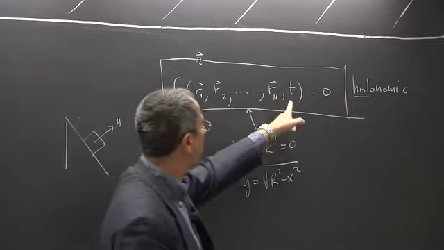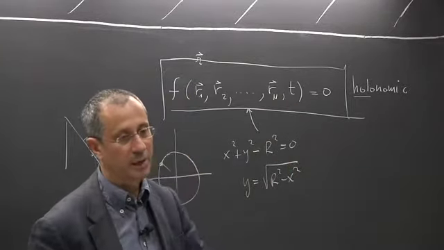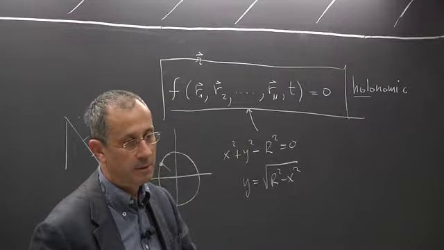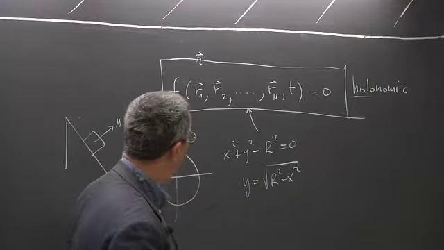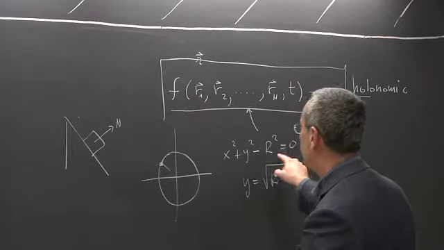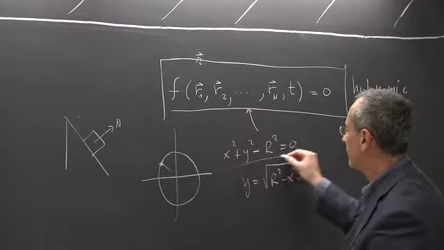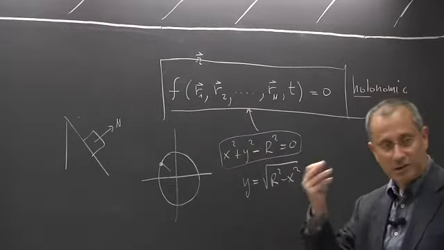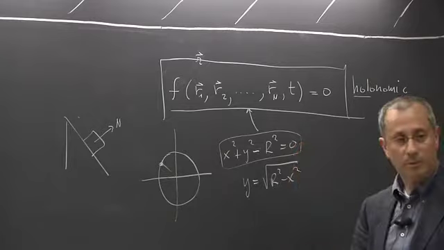The fact that I write it here doesn't mean that it has to appear every time. The whole of that equation is a constant. This is the constraint; my f in this case is this. So it's just a very simple special example.